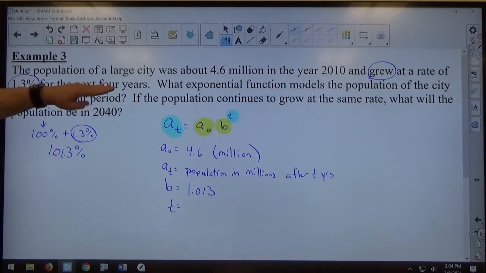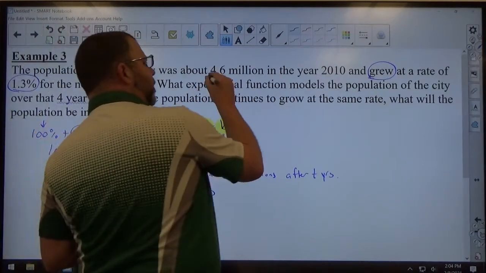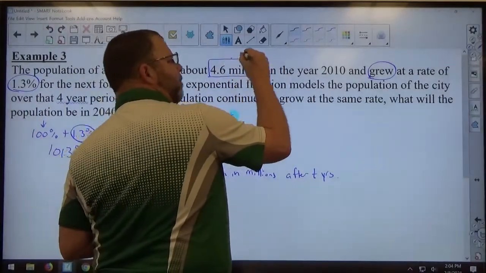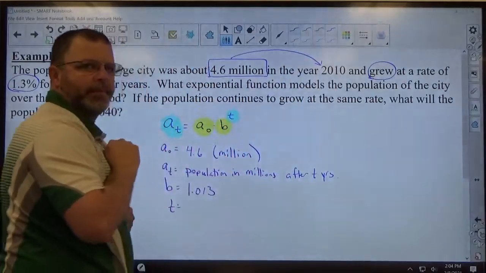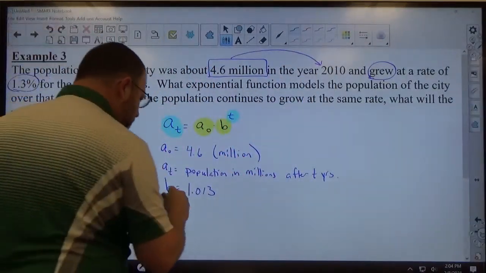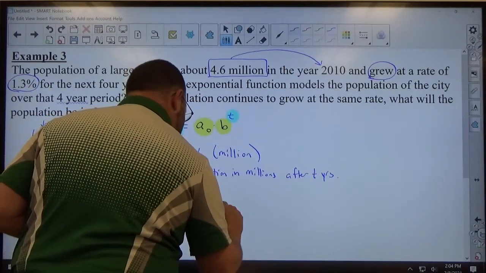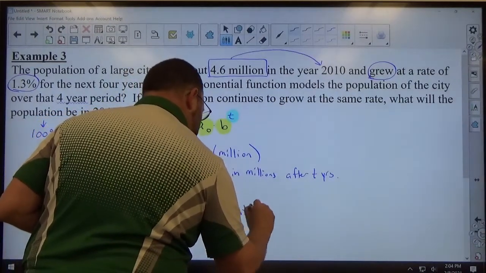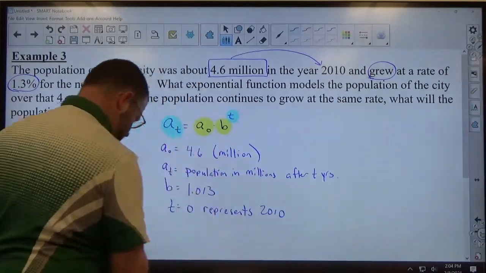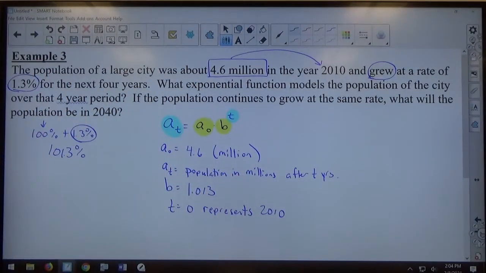the year 2010 is the starting of this problem, right? So this population, 4.6 million, happens in year 2010. I'm going to say t equals 0 represents 2010. When I'm making a model and there's a year involved, I don't want to put the year into my equation. That makes it hard to deal with.